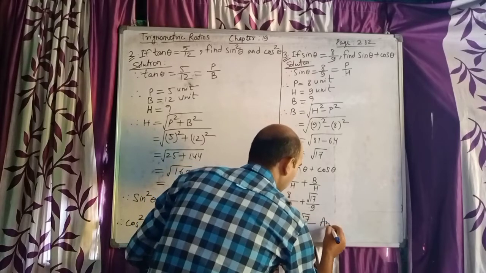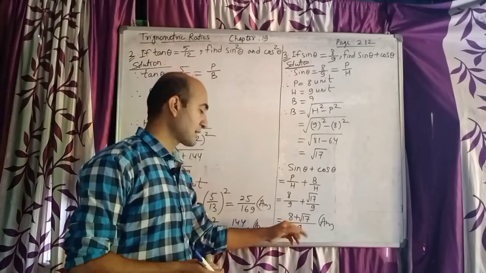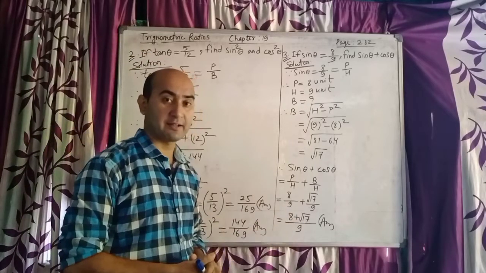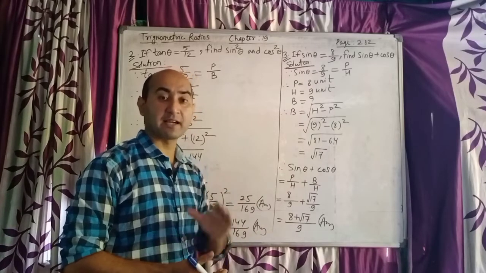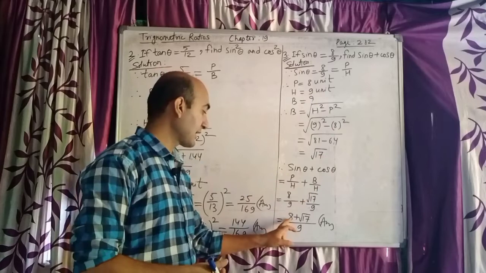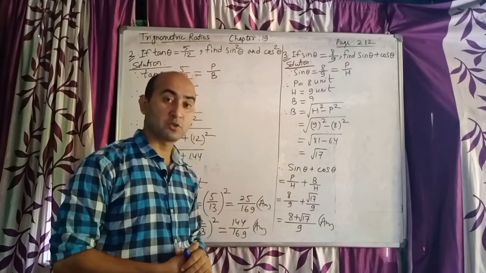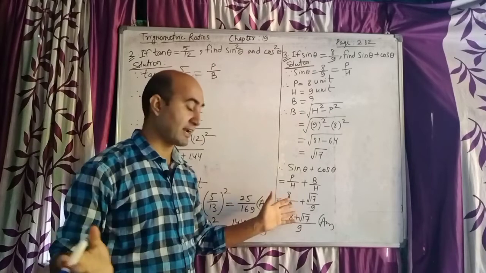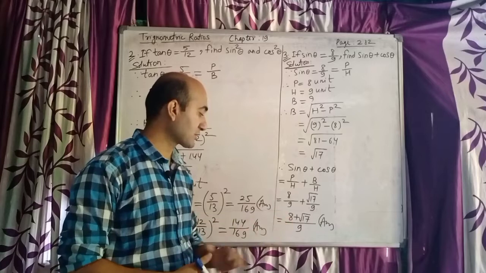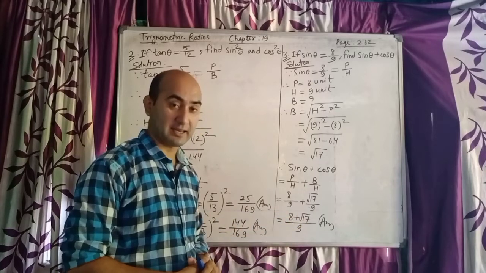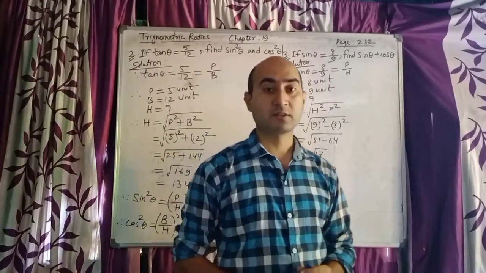Now children, why did I leave it like this? Because root 17 and 8 we cannot add. Like mango and apple cannot be added, they are different fruits. Same thing, 8 is a number and root 17 is a number inside the root. So they are of different variety, and we cannot add them. So our answer will be 8 plus root 17 by 9. So this is our answer, children. Hope you understood. Thank you, children.